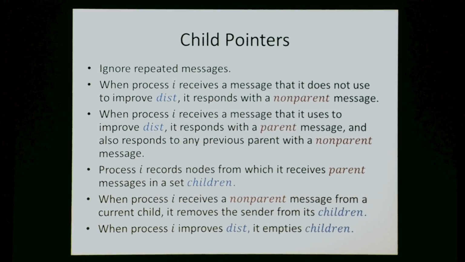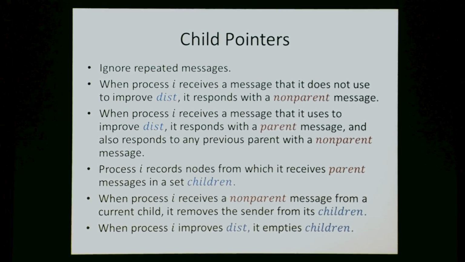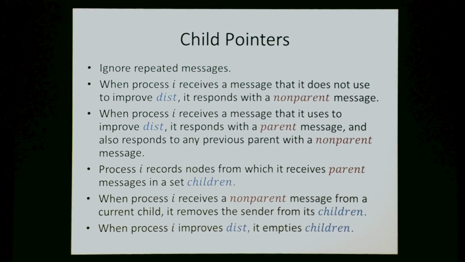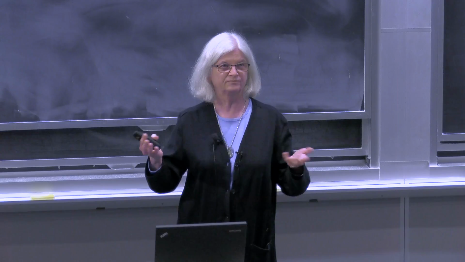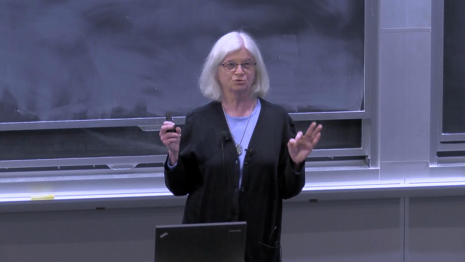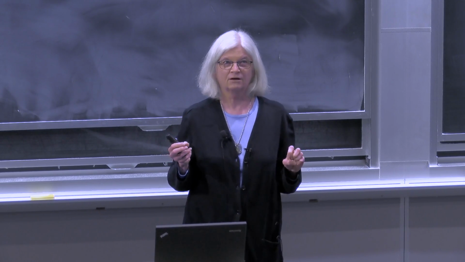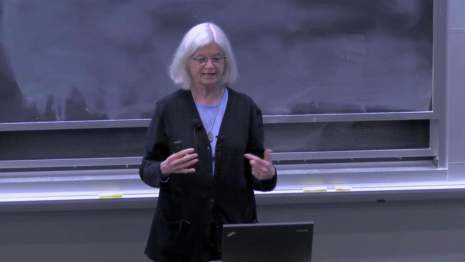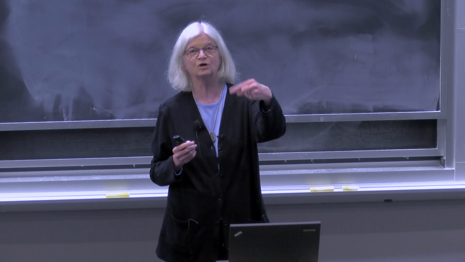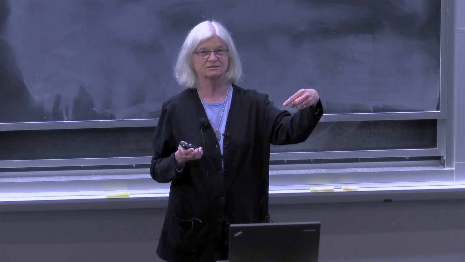Okay, so since the tree structure is changing, the main idea is anybody can send a done message to its current parent, the node he believes is his parent, provided he's received responses to all of its distance messages, so it thinks it knows who all its children are. Okay, so it has a current estimate of all the children, and they have all sent him done messages.